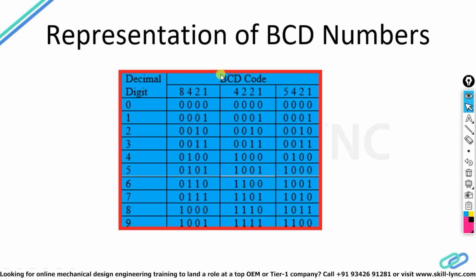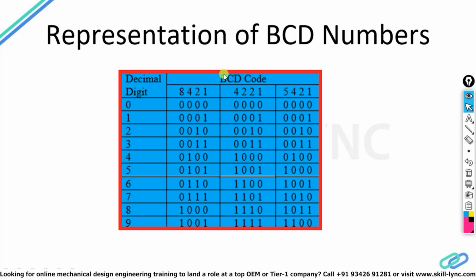Wherever the positions are active, just put 1, and for positions that are not active, just put 0. For example, 9 is the combination of 8 and 1, so the first and last positions are activated. So we write 1 for the first position and 1 for the last position, with two zeros in between.